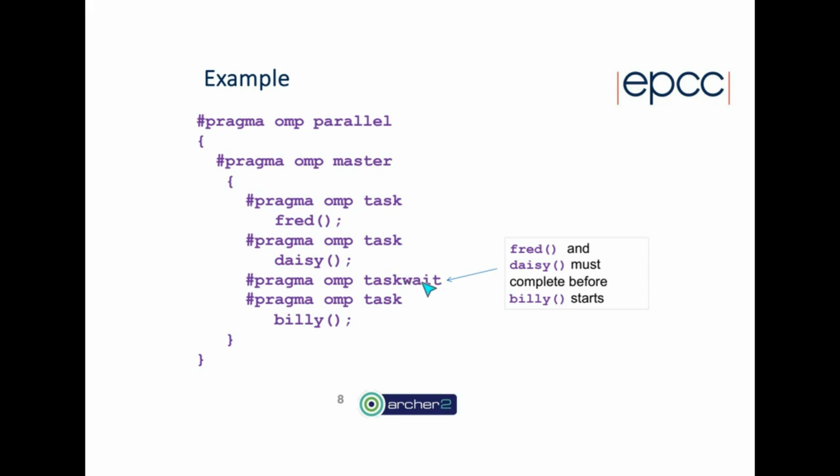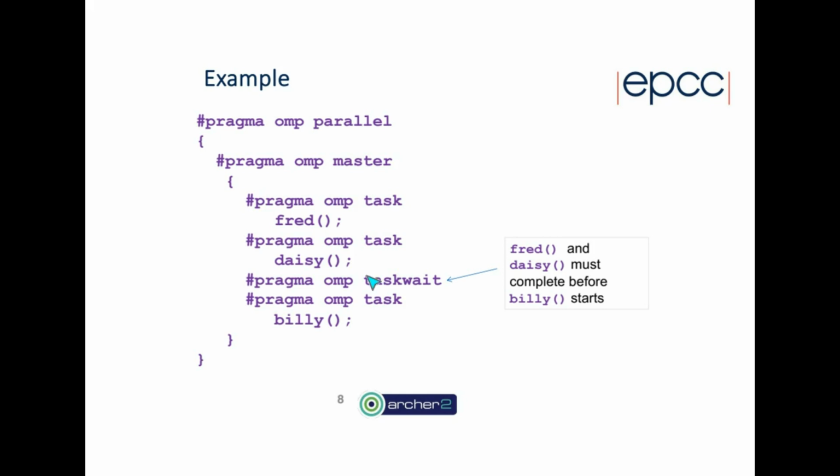So at that point, the master thread is blocked and cannot proceed until the Fred and Daisy tasks have been executed, probably by some other thread in the parallel region, but not necessarily. The master thread could itself also participate in executing, say, one of these tasks.